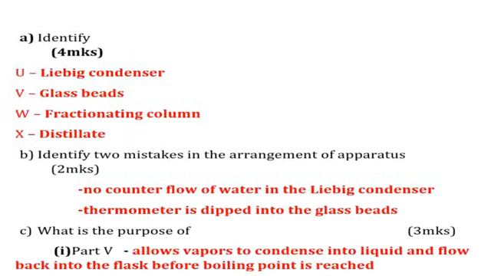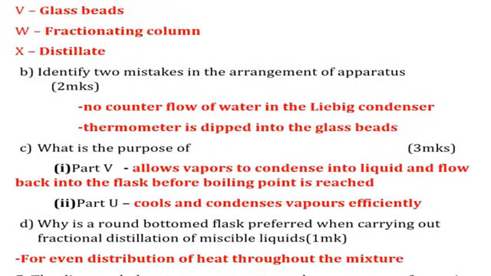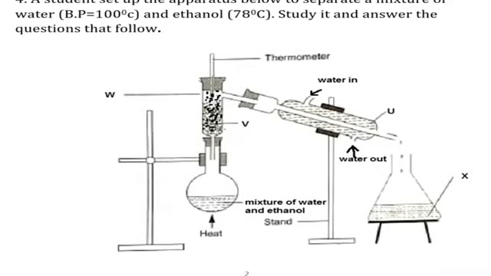Number B, you're told to identify two mistakes in the arrangement of apparatus. What mistake did they make? Number one, no counterflow of water in the Liebig condenser, and then thermometer is dipped into the glass bead. You can see water is supposed to come the other way around.